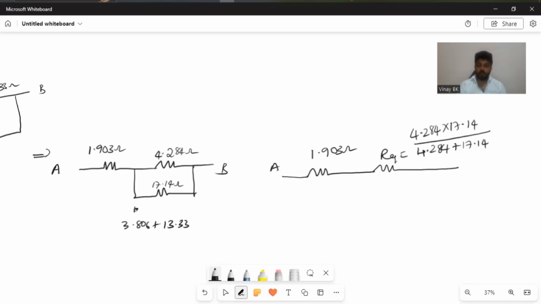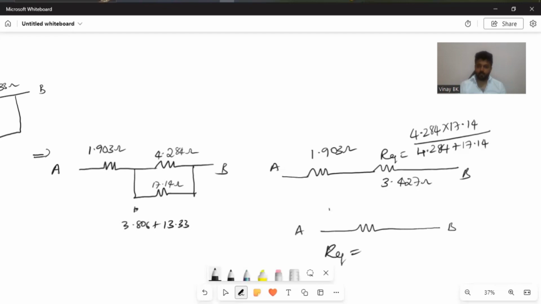You get 3.427 ohm. So from A to B there is only one resistor, that is R equivalent.